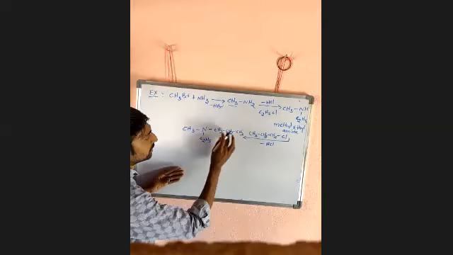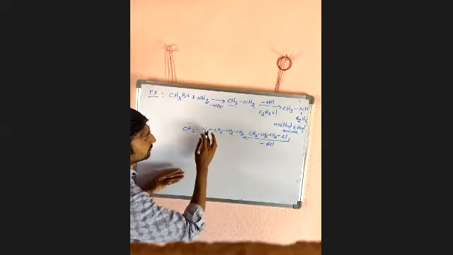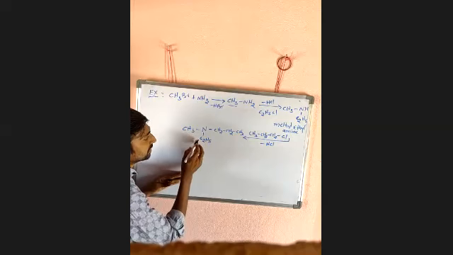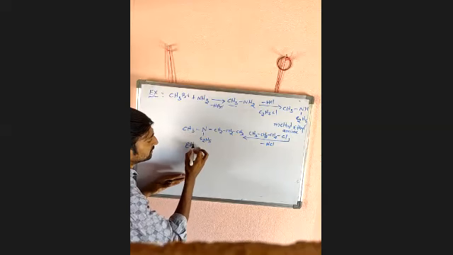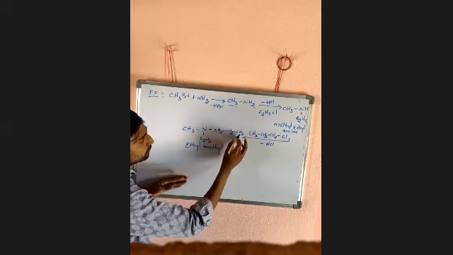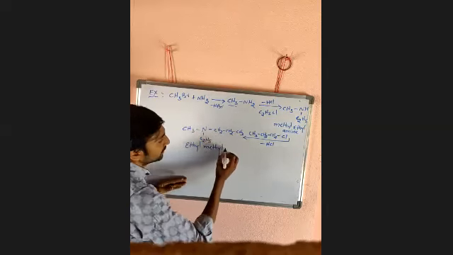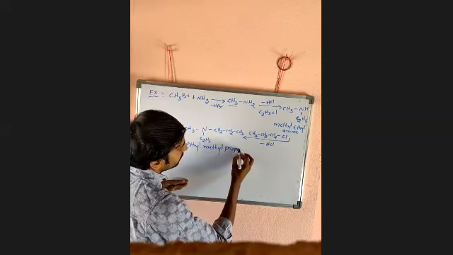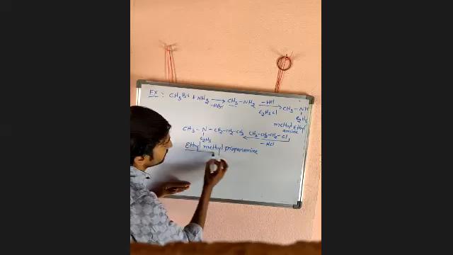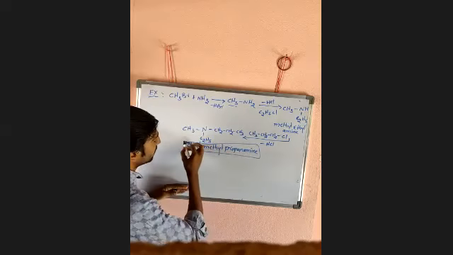Now it is 3 carbons, so it is propylamine. These two are substituents, one is methyl, one is ethyl. According to alphabetical order, ethyl, methyl. It is prop plus an plus amine, propanamine. That one is ethyl, methyl, propanamine.